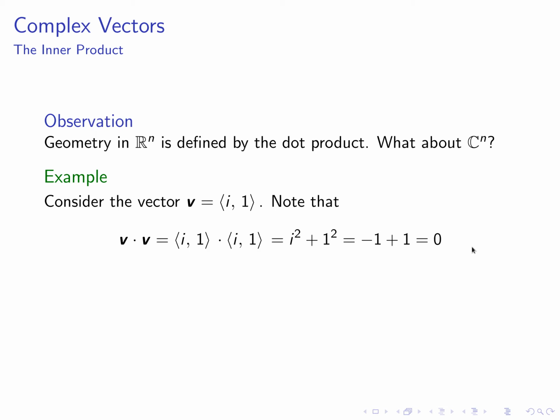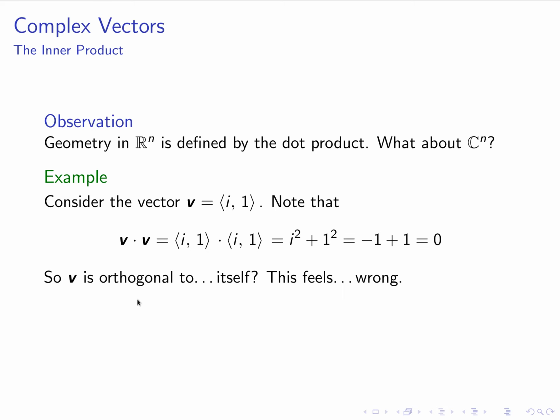And this is an issue, because what we're saying is that we're taking a dot product of this complex vector with itself, and we get 0, which is suggesting that this vector v is orthogonal to itself. And this feels kind of wrong, because vectors should not be orthogonal to themselves.